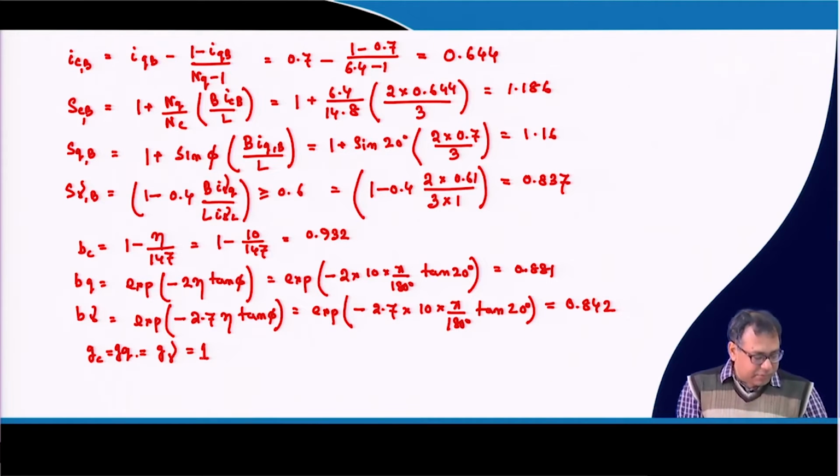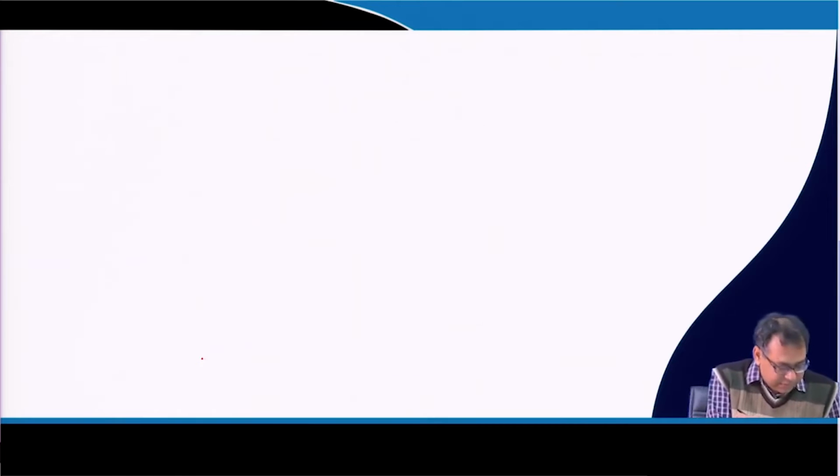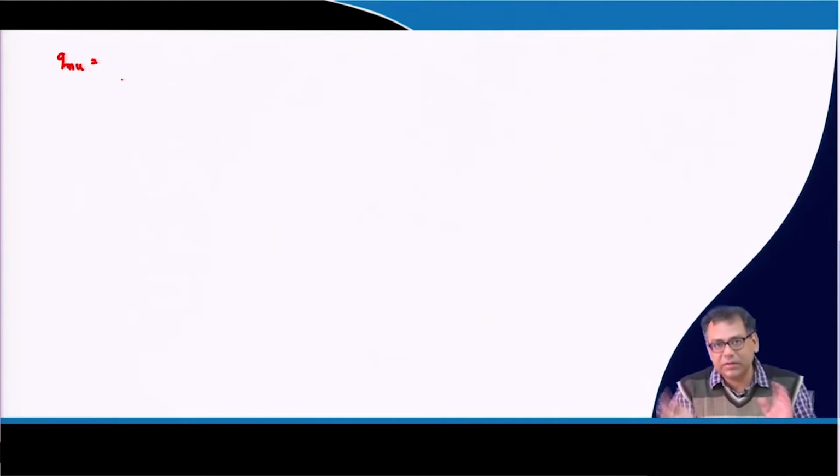So, finally, if I put these values in the equation for net ultimate bearing capacity, we have to consider all the factors except the compressibility factor, which we are not considering because those data are not available.